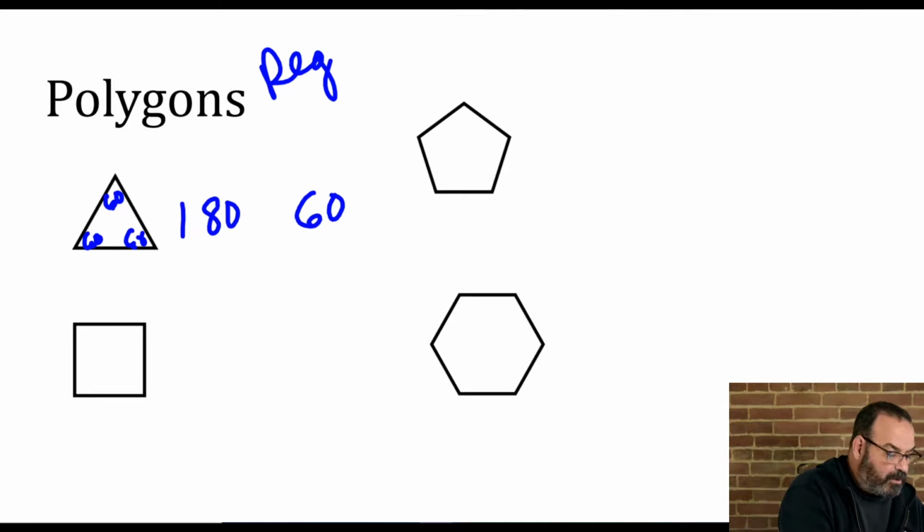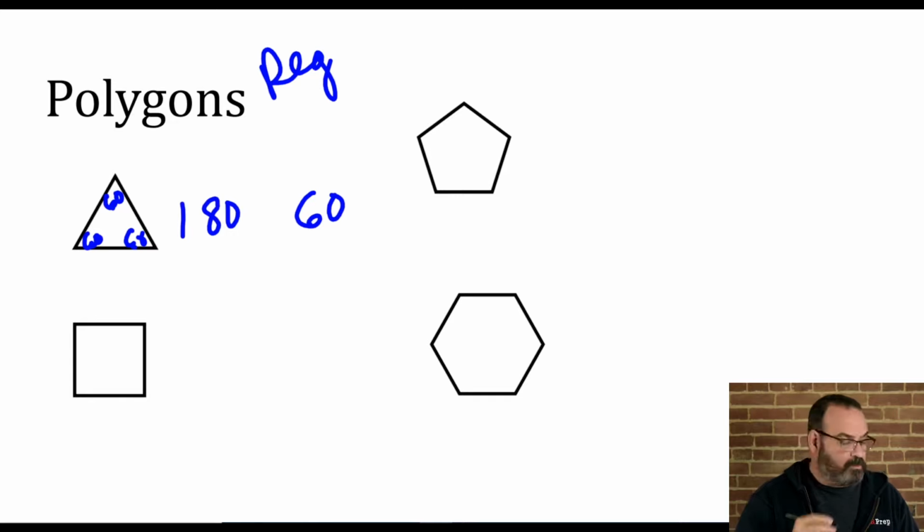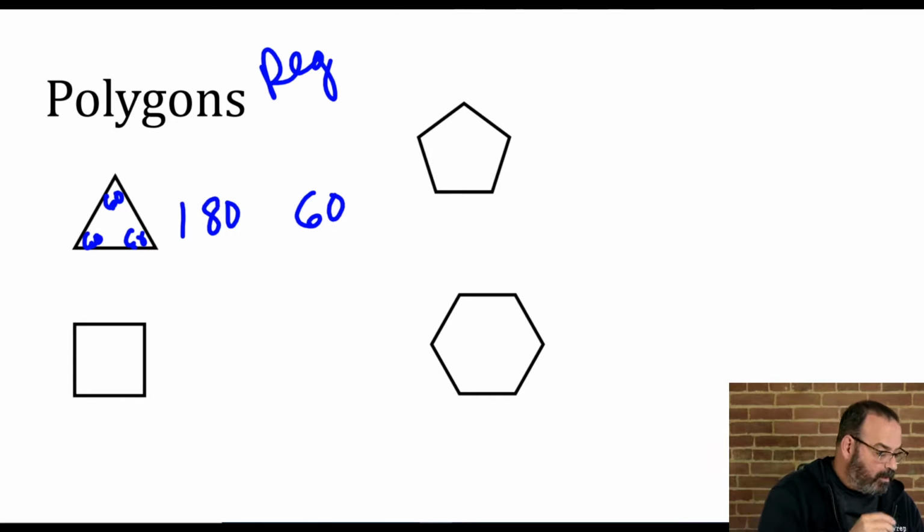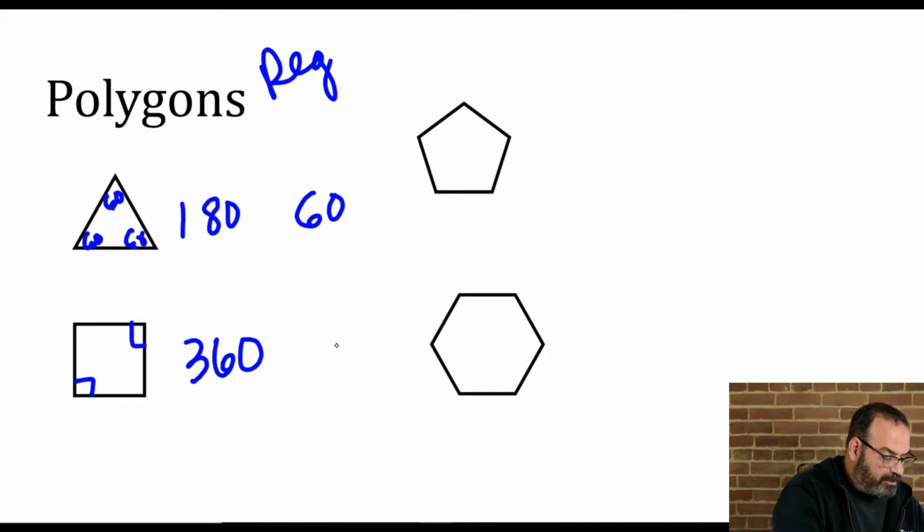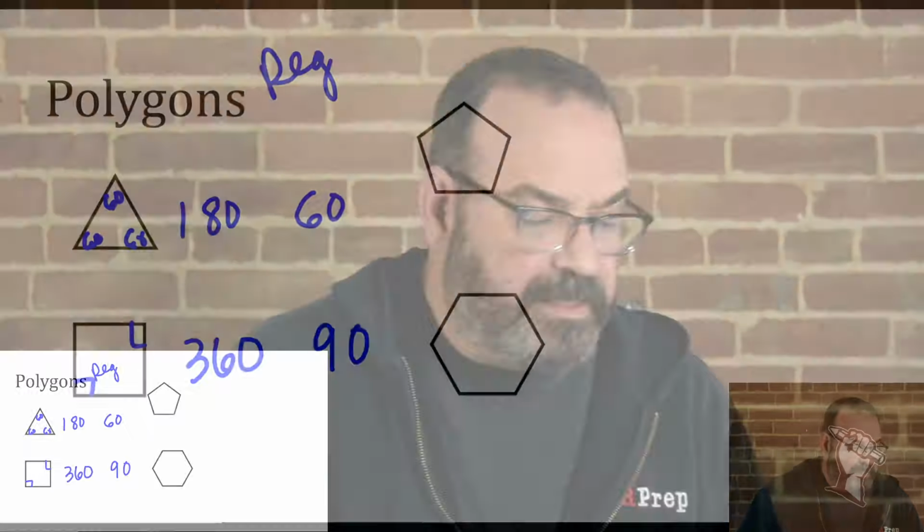The individual equal angle is 180 divided by 3, or 60. A regular quadrilateral is a square, and that's 360 degrees, or each angle is 90. A regular pentagon, worth memorizing, is 540, and 540 divided by 5 is 108.